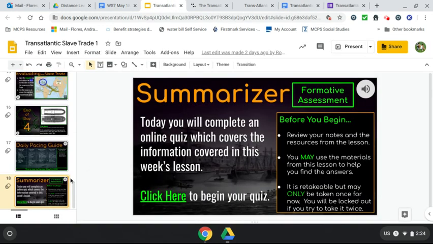So that is this week. Please note that this is the first part in a 2-part lesson sequence. Next week, we will also be talking about the transatlantic slave trade and more of the effects on Africa and how the slave trade really led to the situation that Africa finds itself in today.